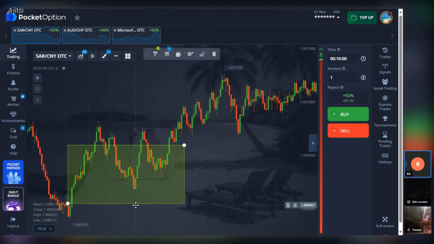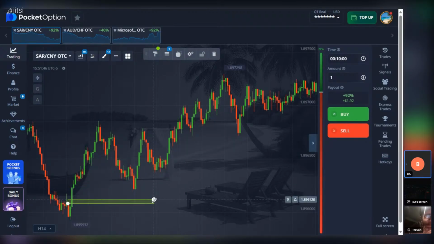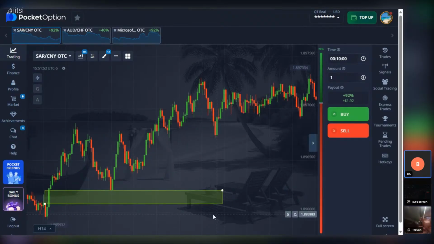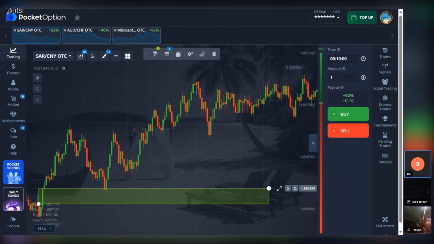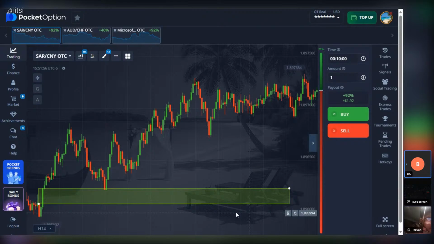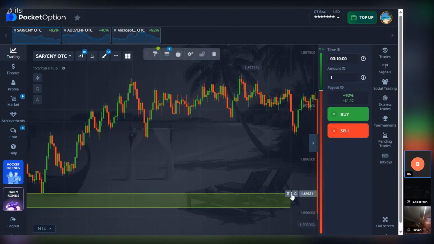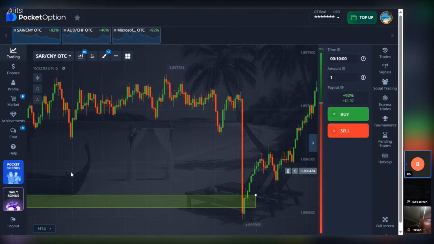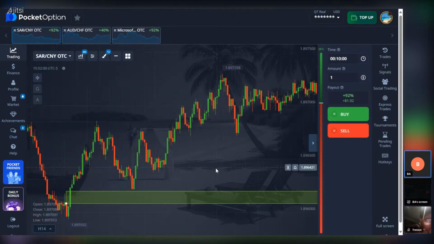See this little area right here? What is this right here? See this little gap? Let's see, can I stretch it out? Alright. So now check this out right here.